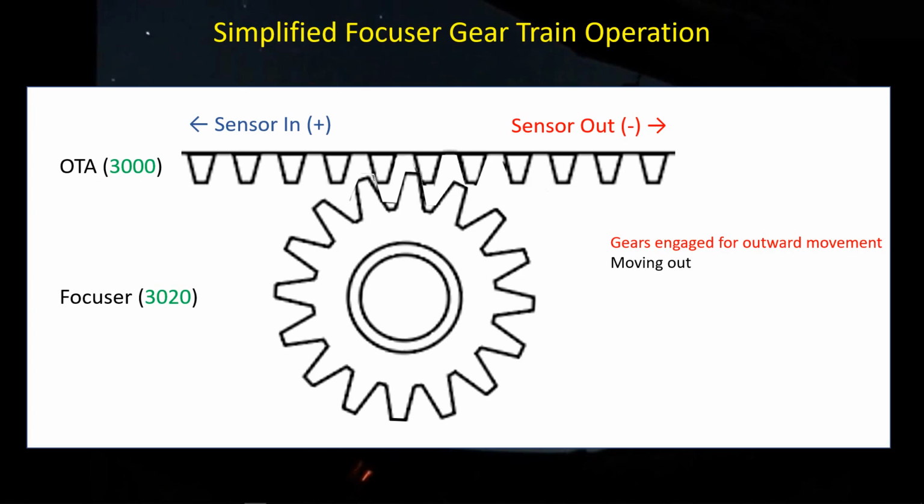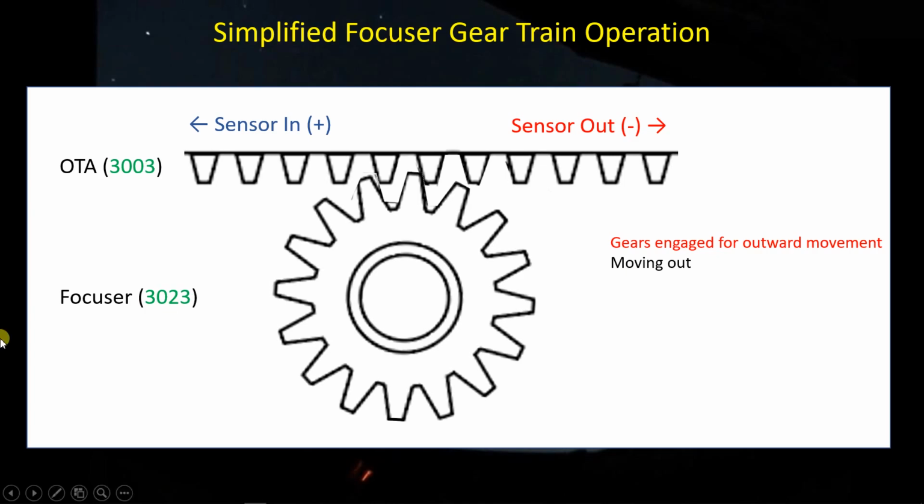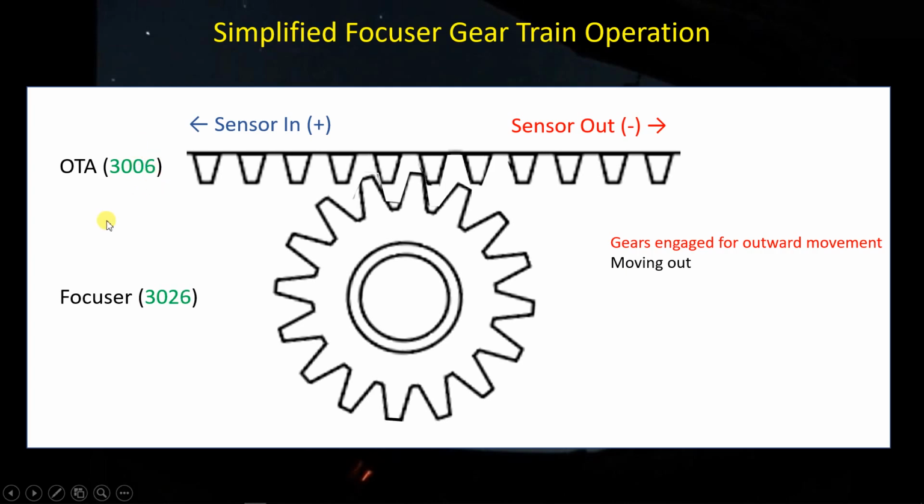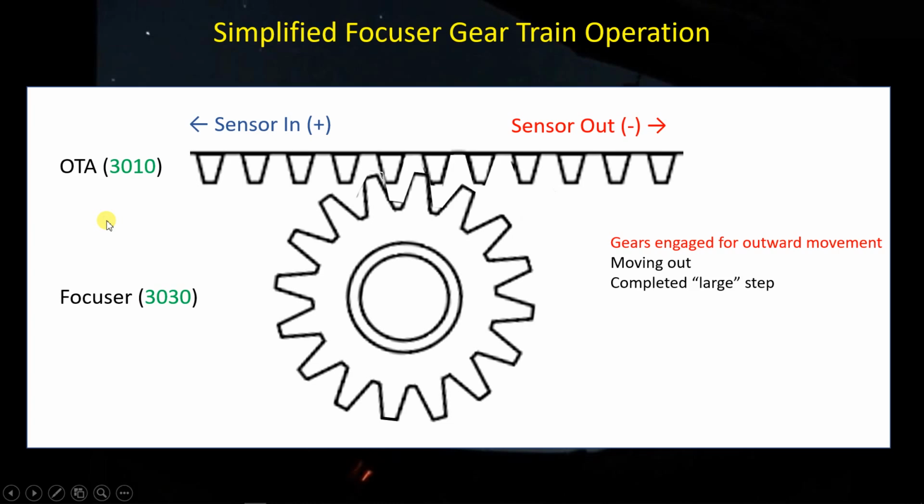Now, we'll continue moving the focuser outwards so that now we're finally starting to move the sensor. And as you can see, we're at 3023 on the focuser, and we finally picked up some movement on the OTA. We continue doing this until our large step of 30 steps is complete, but we still haven't done the 10 steps that we requested.